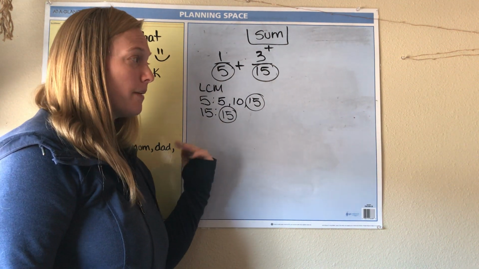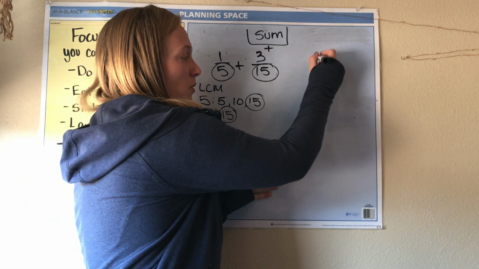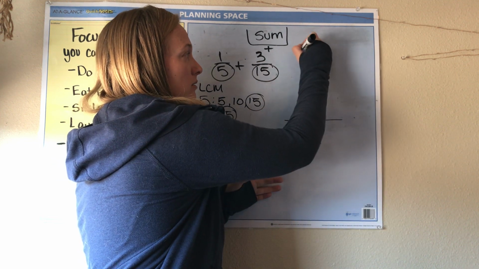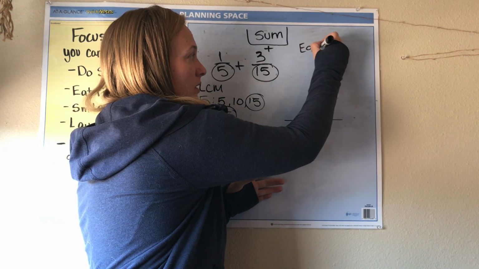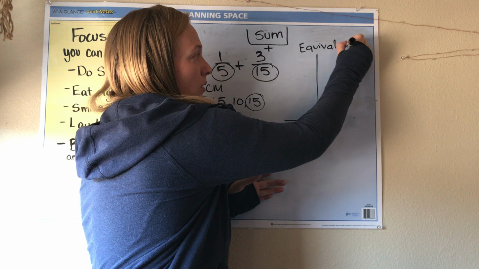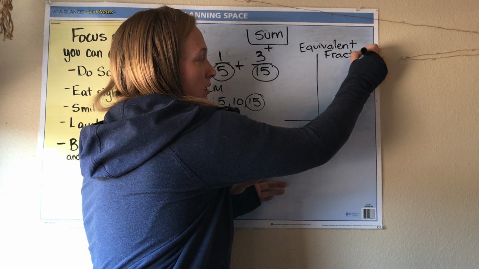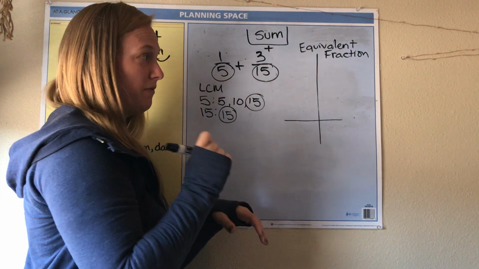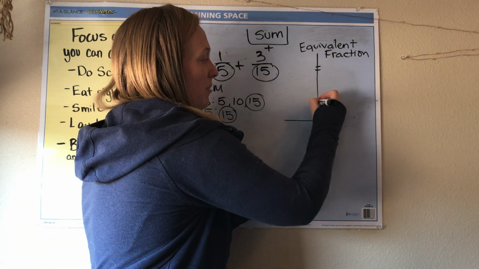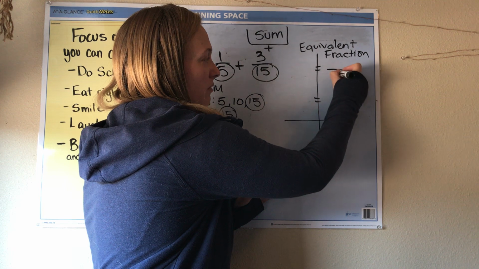Okay, next step is I'm going to draw my upside down T, for finding equivalent fractions with my new common denominator of 15. So I already know that my common denominator is going to be 15, so I'm going to write it over here.